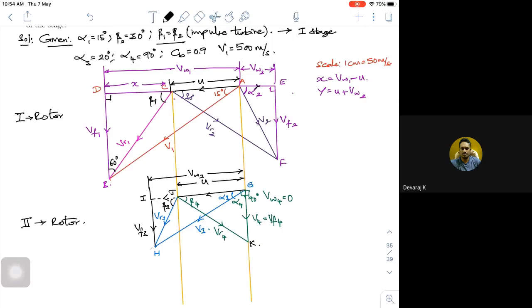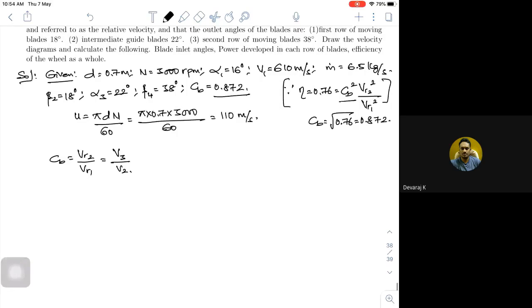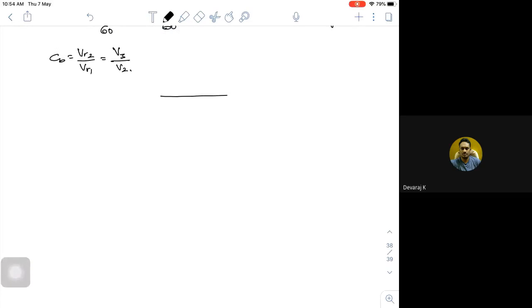So you have to first draw u to some scale. That is 110 meters per second, so we can take the scale as something around 40 meters per second as 1 centimeter, and you draw the u.